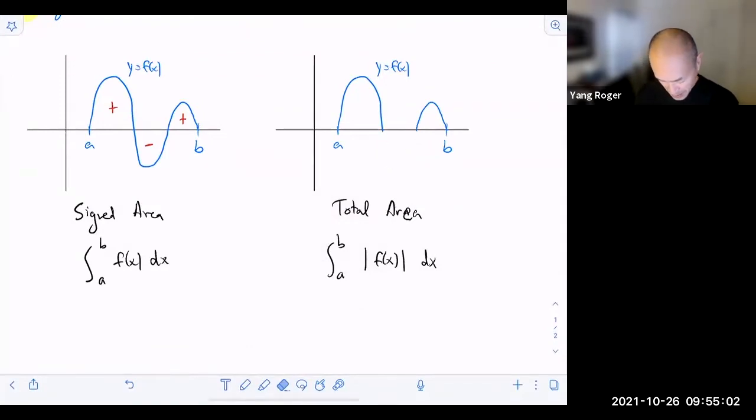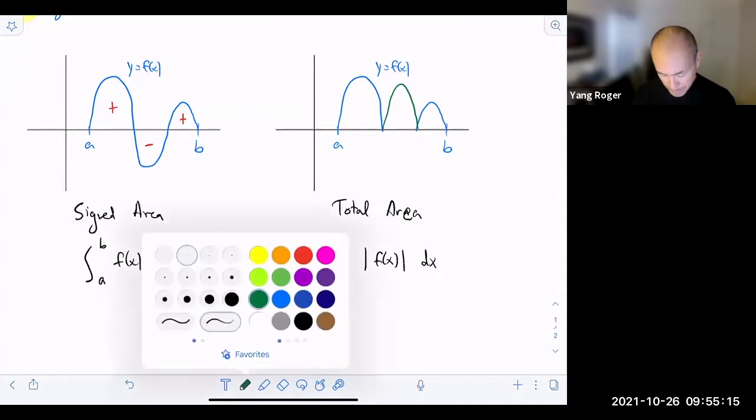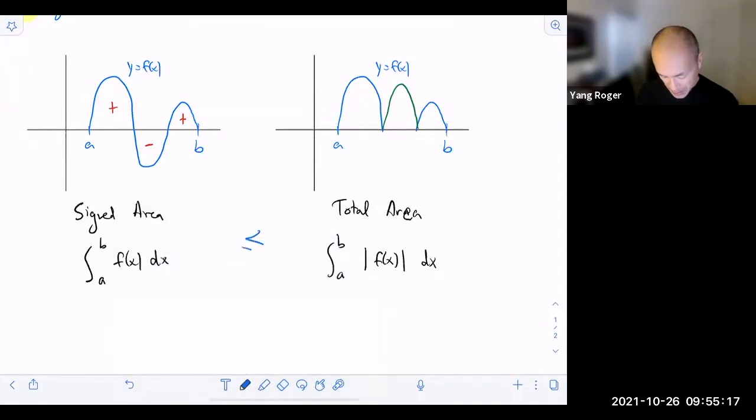And then maybe I'll switch colors to green, and then I'll just flip it like this. So that negative area became a positive area. So I guess the idea is that the total area is always going to be bigger than or equal to the signed area, because we are subtracting some positive number here, and over here we multiply that negative area by -1 to make it positive.